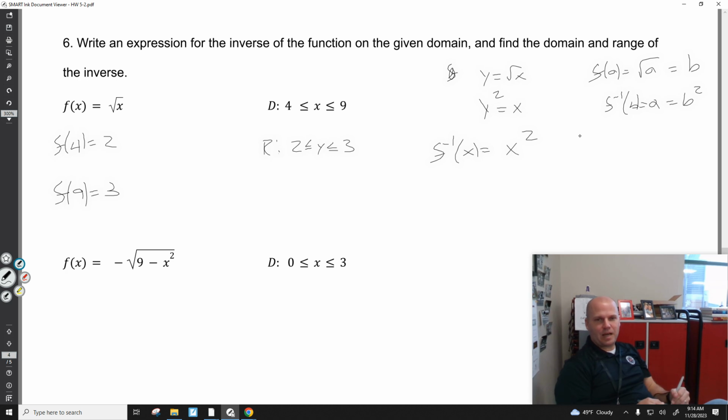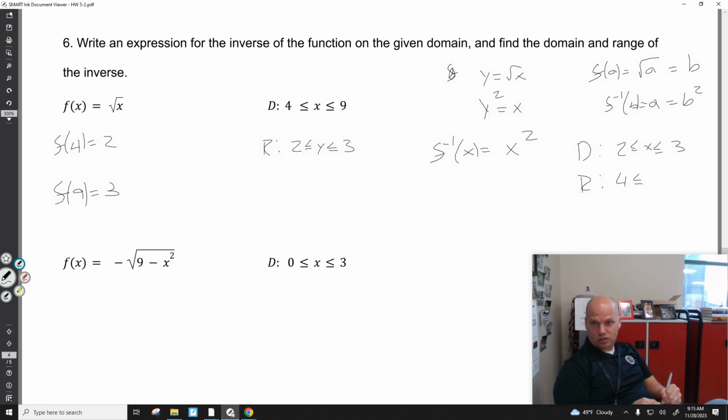Now what's important about this is the domain is now these output values. These are the values that we're going to plug in, 2 to 3. They are inputs. I don't want to call them x's. They are now inputs.